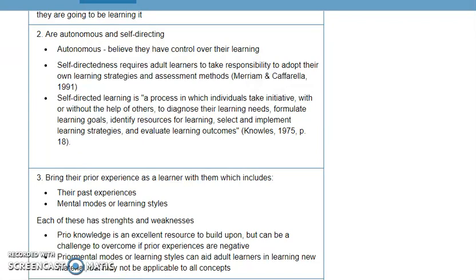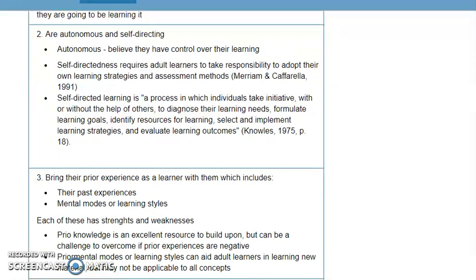So to sit in here and design a course specifically for students, and not take into account that each of you wants to learn on your own and wants to have a hand in what you are actually learning, is a mistake, and something that I think you do see in higher ed, and even in the workplace. But it's something we need to think about, that adult learners are autonomous, they're self-directing.